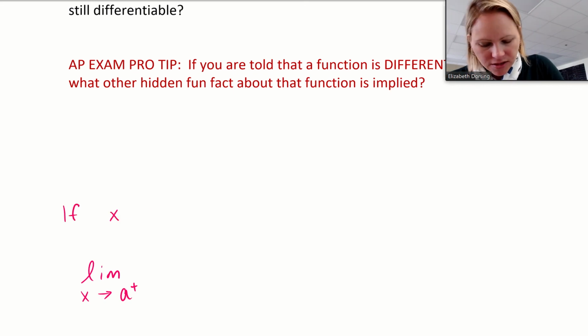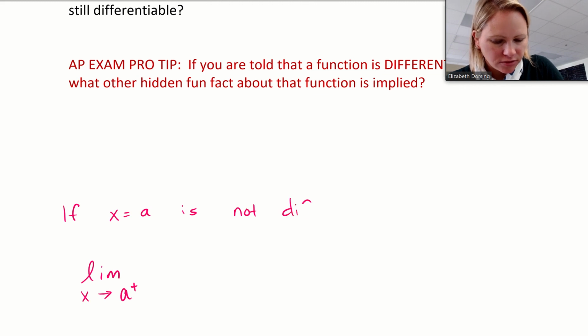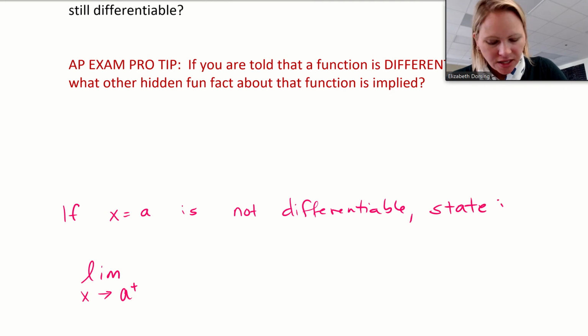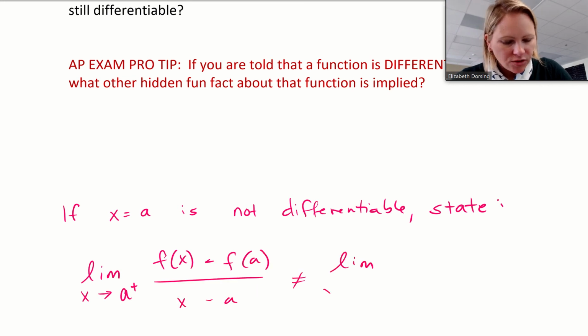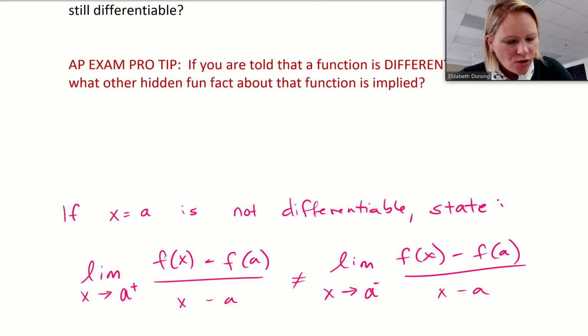So if x equals a is not differentiable, state this: the limit as x approaches a from the right of f of x minus f of a over x minus a does not equal the limit as x approaches a from the left of f of x minus f of a over x minus a. You have to state it this way to justify your answer on the AP exam. So make sure you make a note of that.